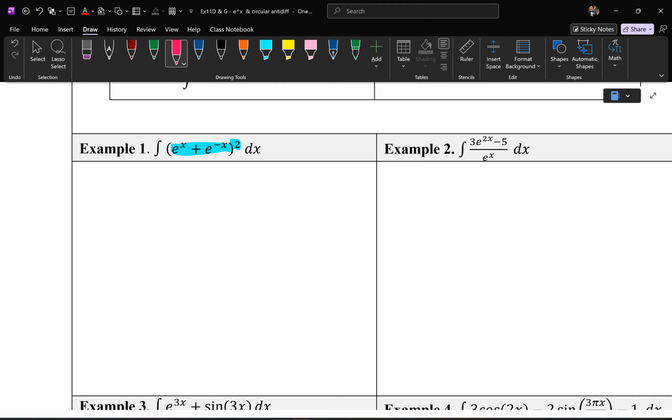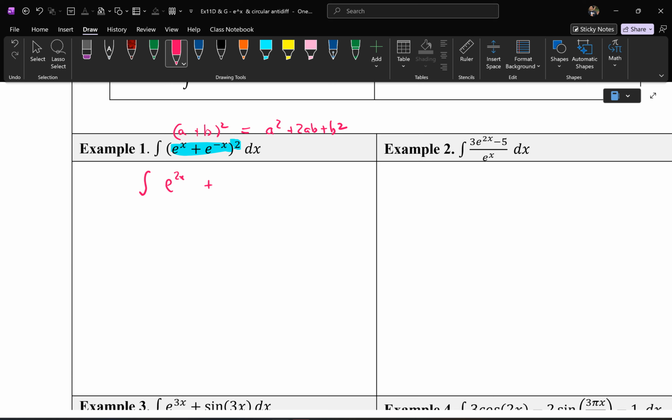So here, let's expand it. You can treat this as your a plus b, and if you're squaring it, remember the rule, perfect squares expansion, a squared plus 2ab plus b squared. So that means I'm squaring the first term. So e to the x squared is e to the 2x, plus 2 times a times b. So this is my a and that's my b.